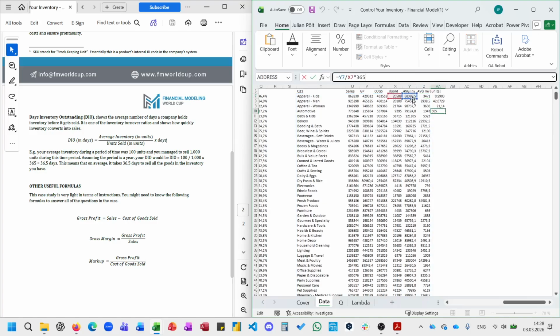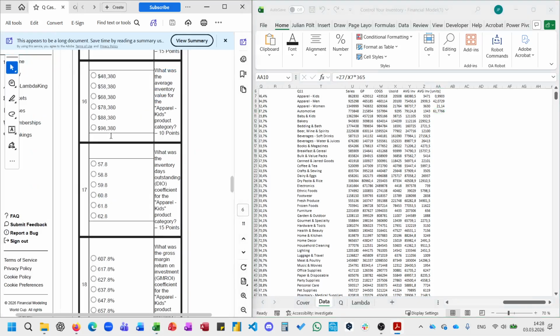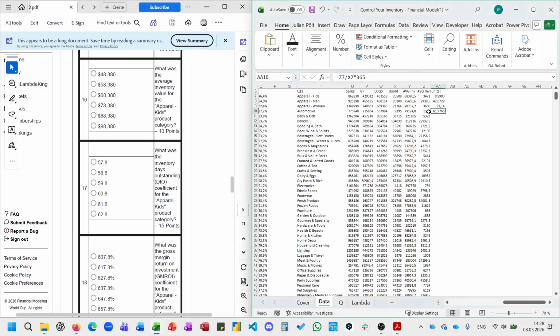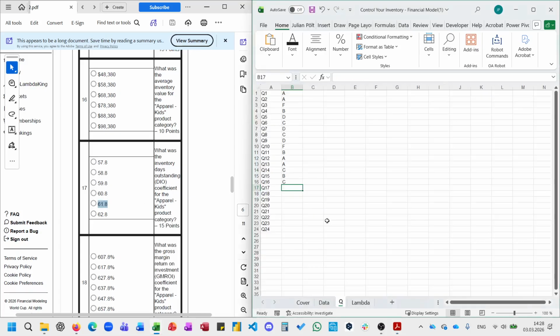So that does make more sense. And 611.8 is answer E. First time E, I think.